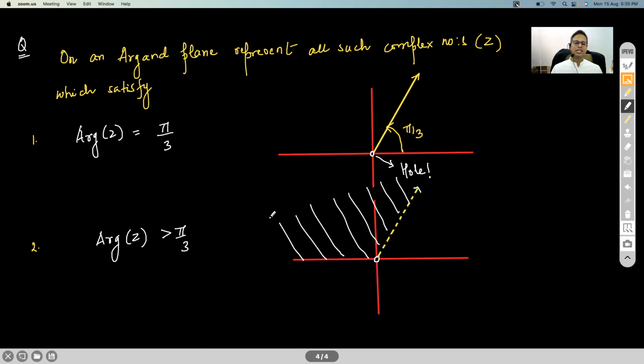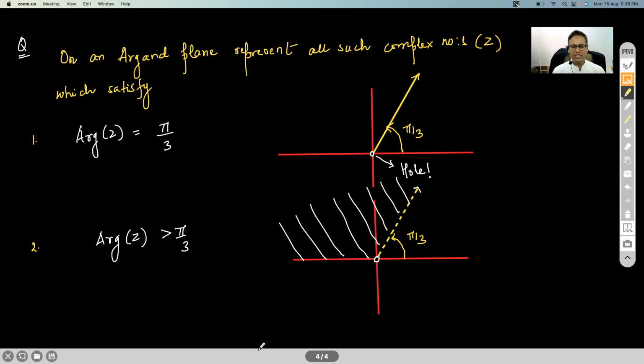Yes or no? Is this the answer or is this the diagram that you all are getting? This is pi by 3. No? Then Pratik, your answer is wrong. This time I am not trying to trick you. This is the final answer.